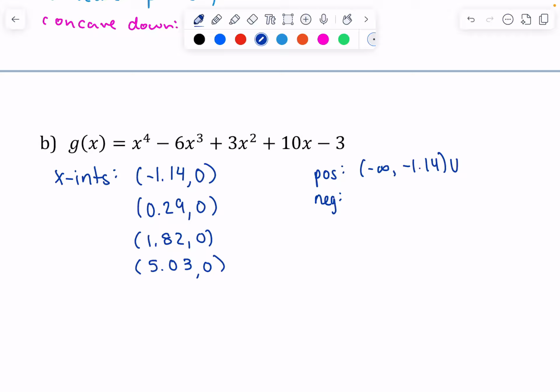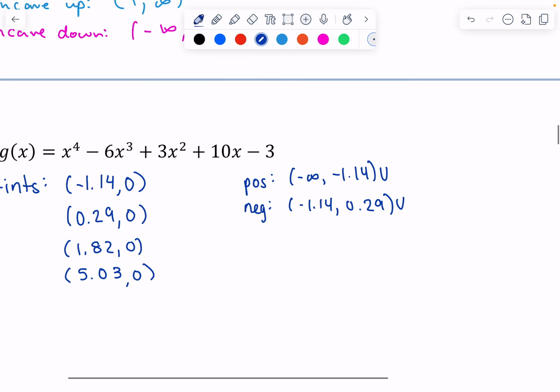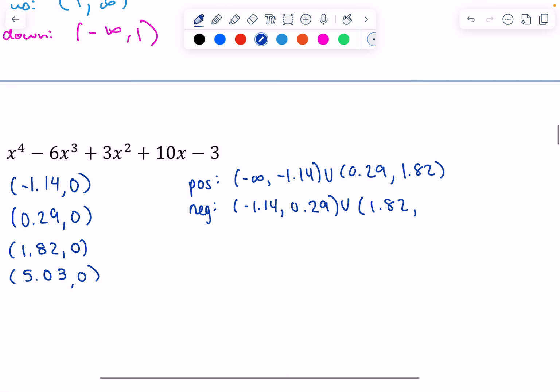Then it becomes negative until 0.29, at which point it becomes positive again until 1.82, where it becomes negative, until 5.03, and then it's positive for the rest of the graph.